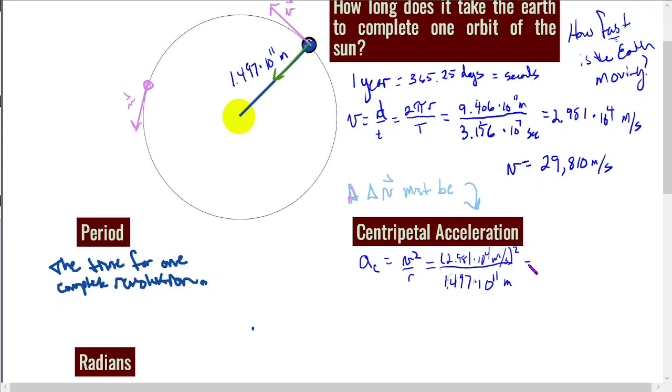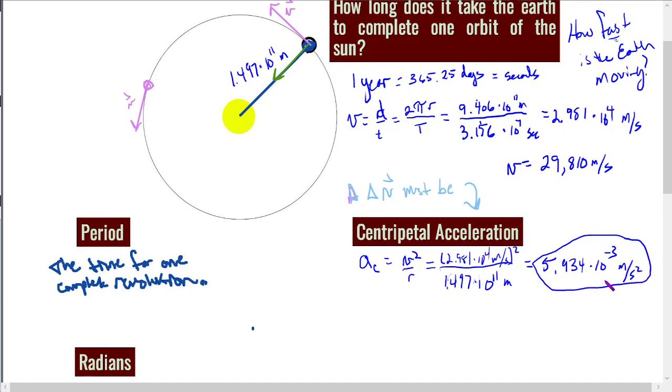And so that's going to equal, and you're going to be surprised at this, 5.934 times 10 to the negative third meters per second squared. That's the centripetal acceleration on the Earth.